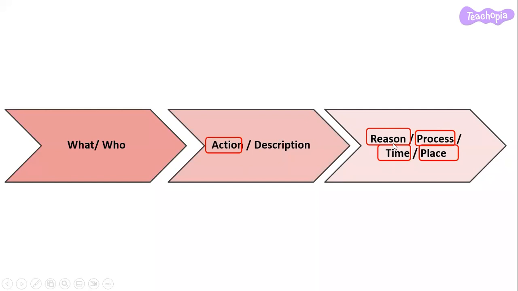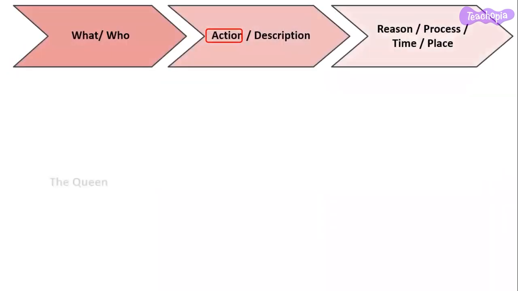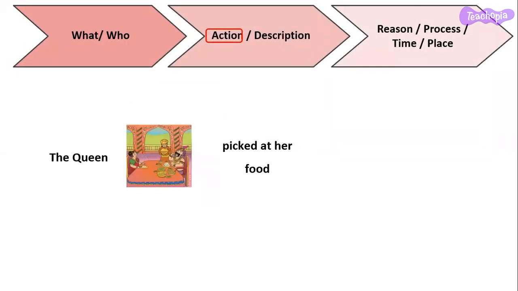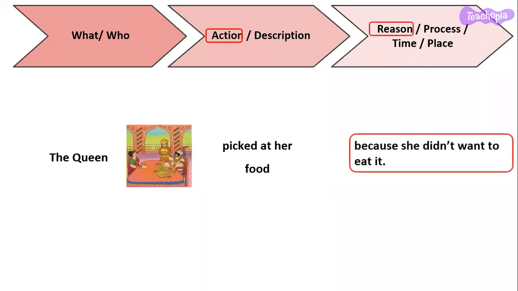So let's use an example here. The queen picked at her food. If we want to add information about the reason she picked at her food, we can say because she didn't want to eat. So the sentence will be, the queen picked at her food because she didn't want to eat.